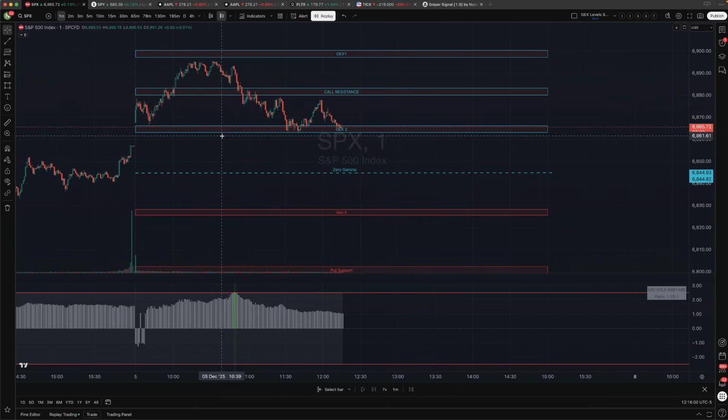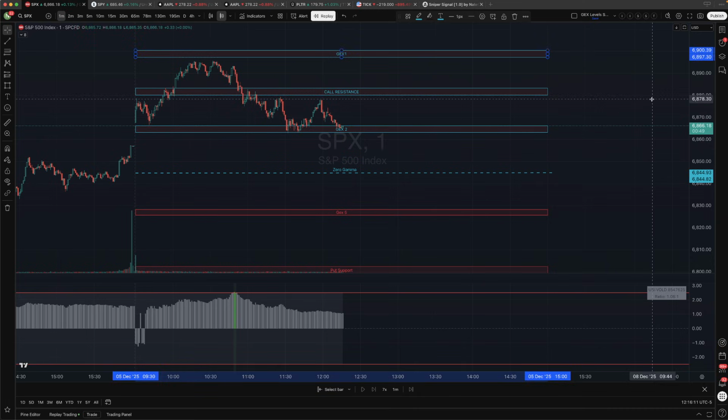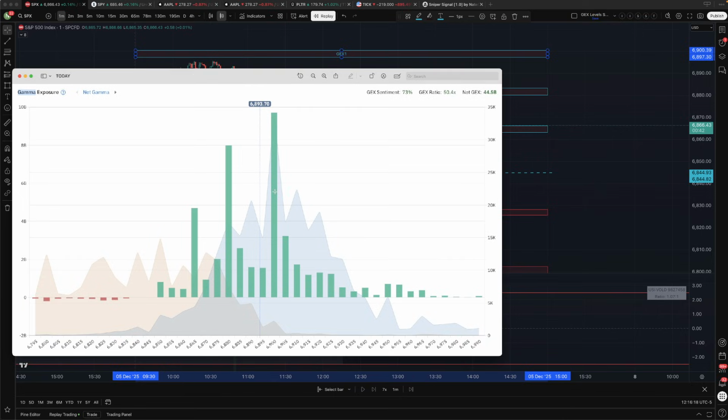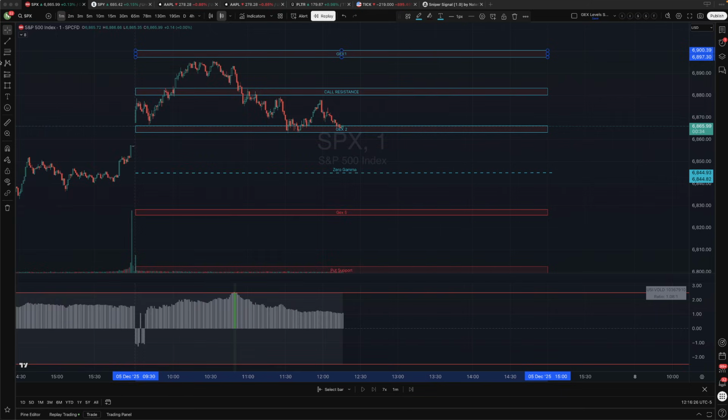Now, there's other ways to play this. You can buy and sell calls, sniper style. On this style of trade, you could also, if you think this level up here is going to be the max level for the day, based on what we've seen on the chart, being that this is a massive level, and then the levels just kind of drop off after that, then you could say, all right, another way to play that is if we come into that major level, we could do a call credit spread at that level or slightly above that level.